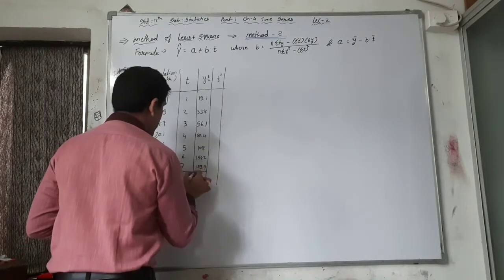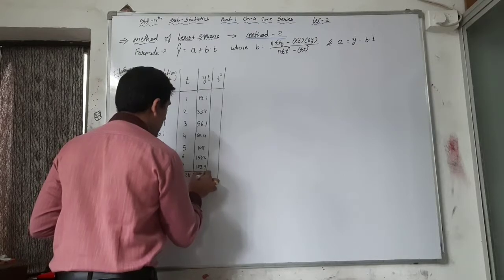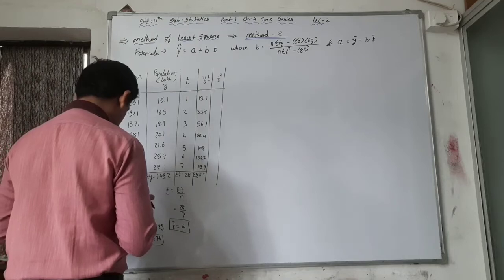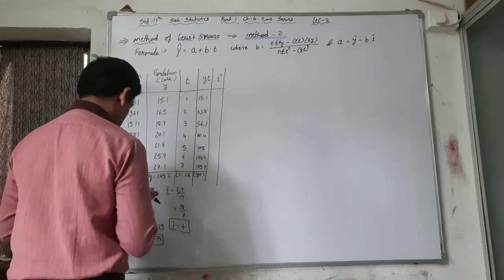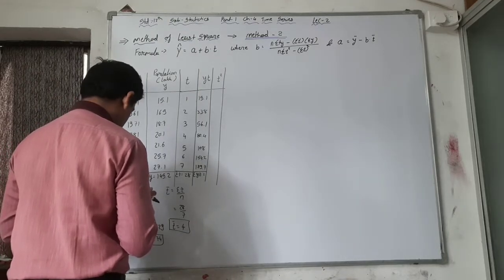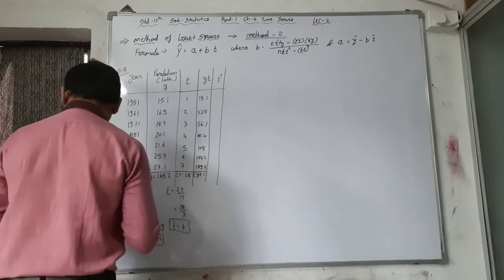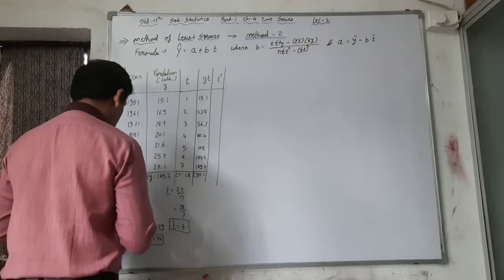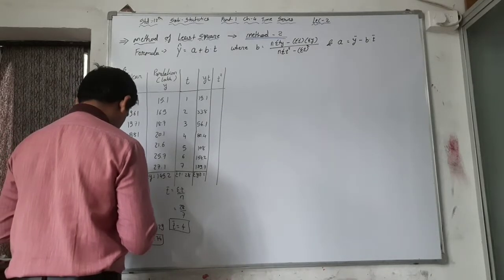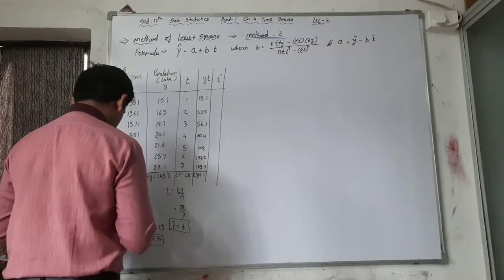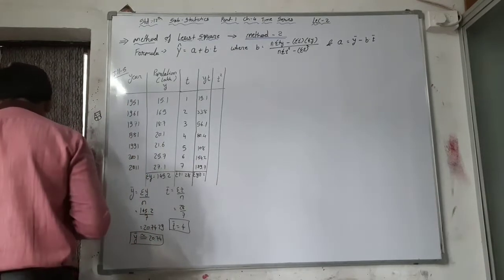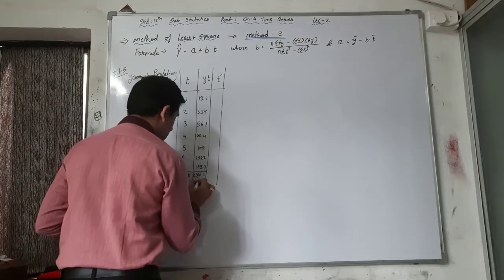So make the total sigma yt is equal to, what is the total? 15.1 plus 33.8 plus 56.1 plus 80.4 plus 108 plus 154.2 plus 189.7, that is 637.3.